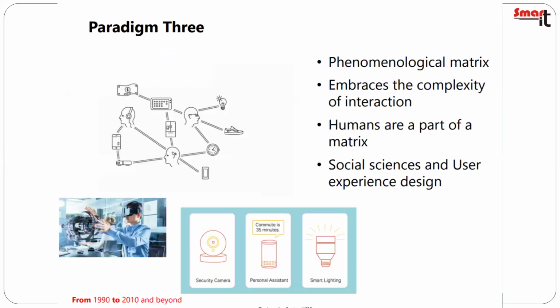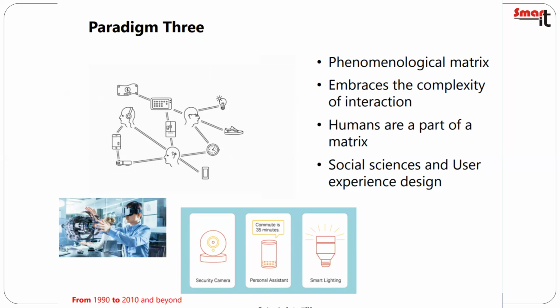When it comes to paradigm 3, we embrace the complexity of the interactions, and we are just interacting with it like there is no gap at all. Even nowadays, do you feel any gap between your mobile phone and you? No. It is just embedded in our life. It is just a part of our life.